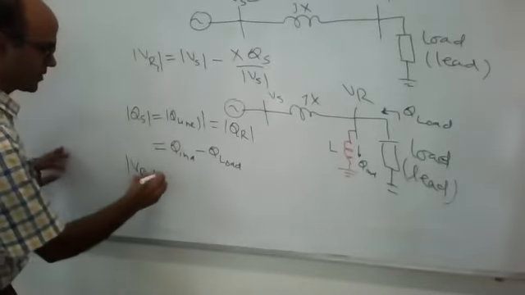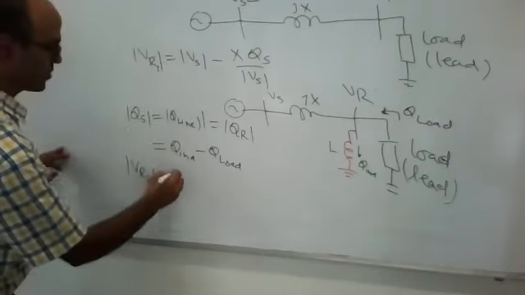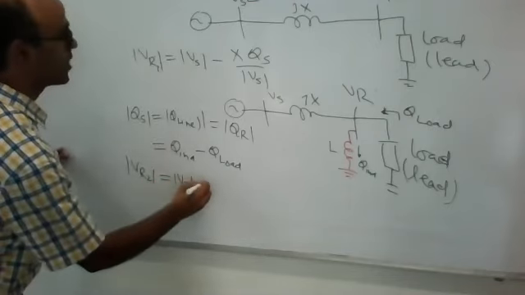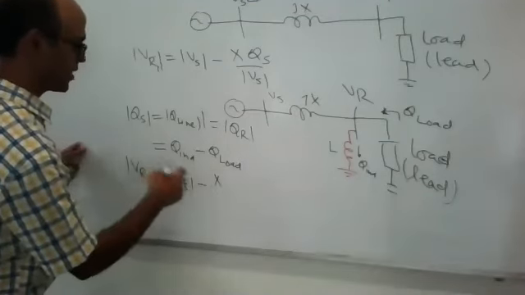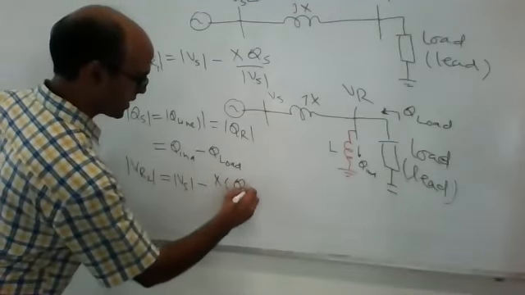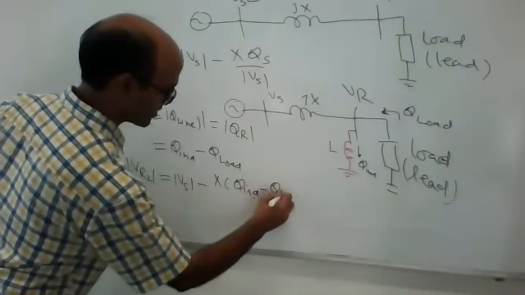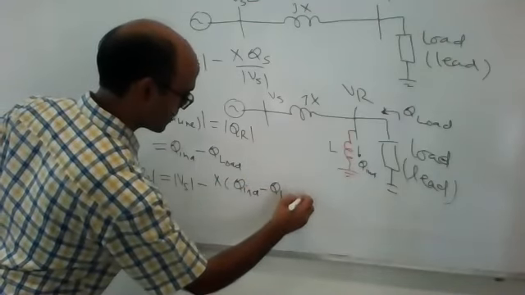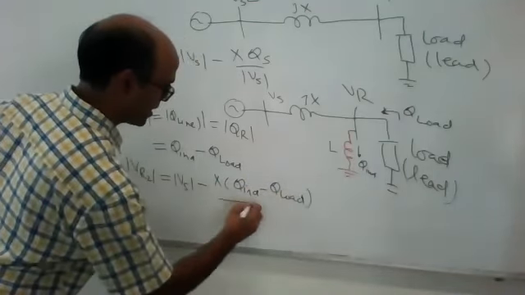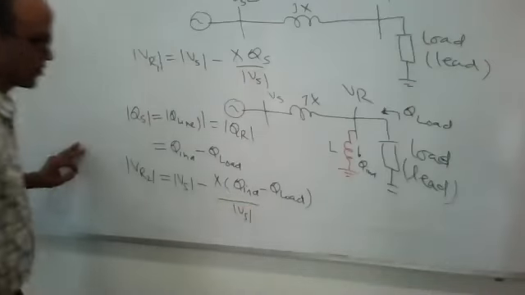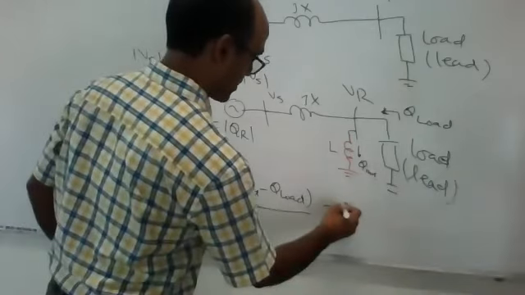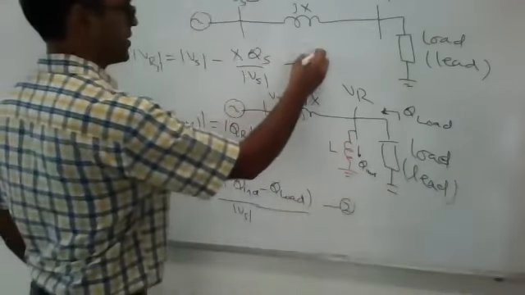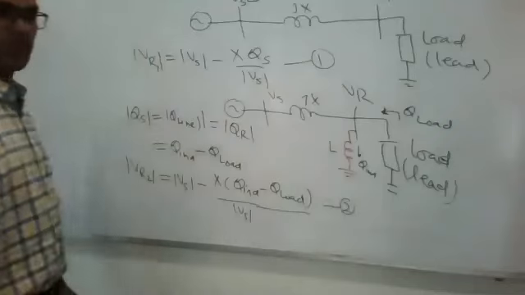Is it visible? Okay. So this is Vs minus X into Qs, where Qs is Q inductor minus Q load, divided by mod of Vs. This is equation number 2. This is equation number 1. Subtract 2 minus 1.